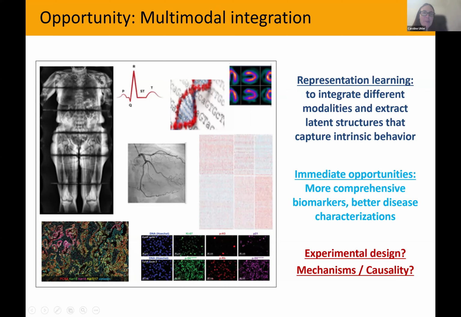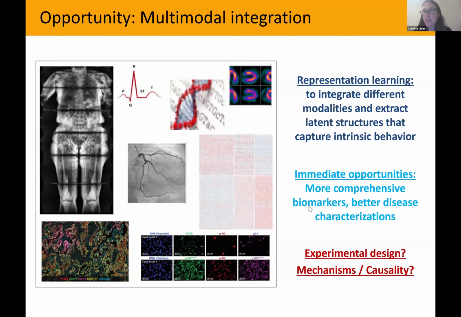And so it's pretty clear that we do need some ways of integrating very different data modalities and also at different scales in order to get an integrated picture of the system itself, be it if you're studying tissues or cells or organisms.